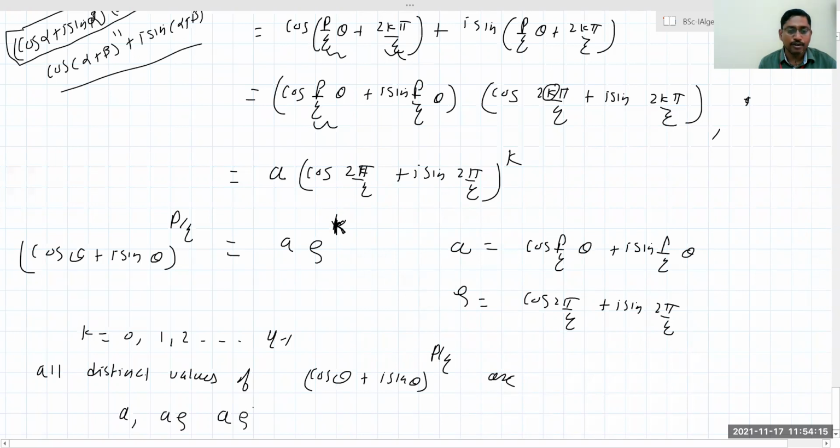Putting k equal to 0, 1, 2, 3, and so on, up to a into rho raised to q minus 1. I have to write all the q values.